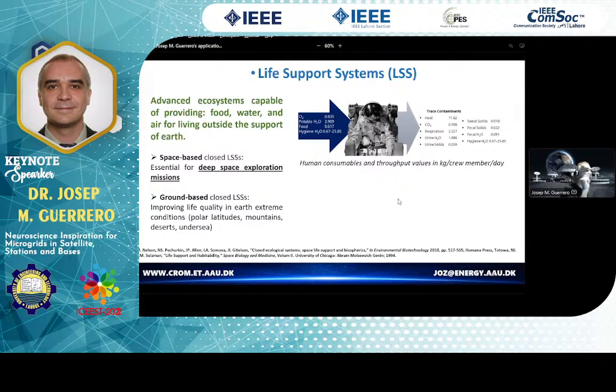It's a micro ecosystem in which we have the astronaut, who needs water, oxygen, food, etc., and produces a trace of contaminants like heat, CO2, respiration, urine, solids, liquids, fecals, etc. We know that. It happens to us every day. We have an input, we have an output, and now we have to close the loop.